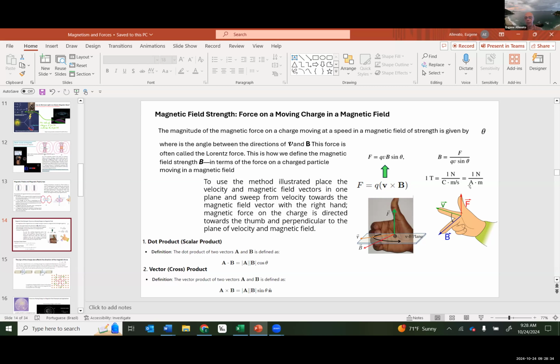So one thing to notice again is that this is a cross product, and here on the bottom left I have a short reminder of what a dot product is and what a cross product is. When you think about torque, that is distance times force.